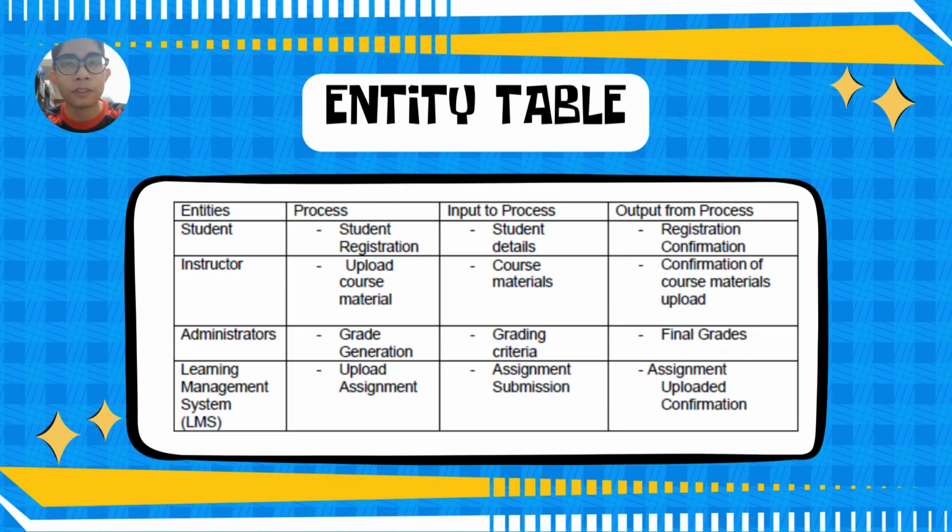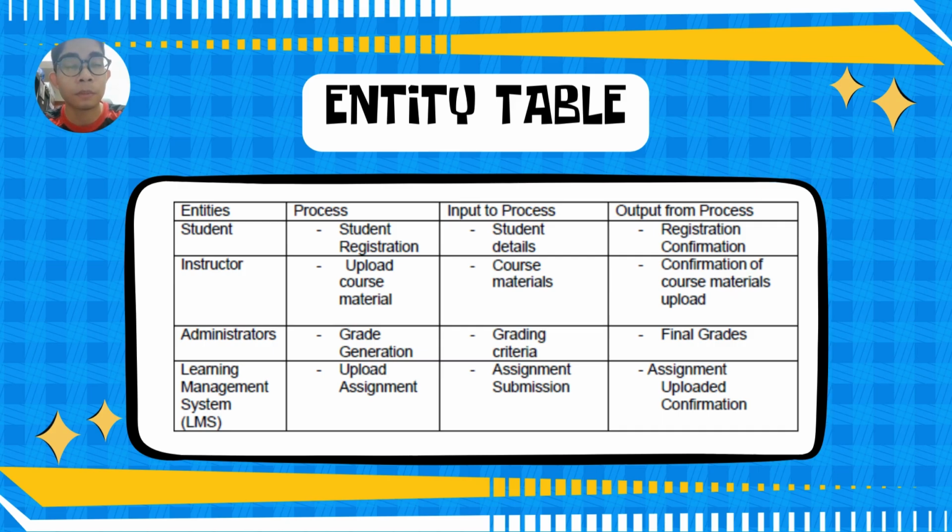For the student, the process is student registration. The input to the process is the student details, and the output from the process is registration confirmation. For the instructor, the process is upload course material, the input is course materials, and the output is confirmation of course materials upload.